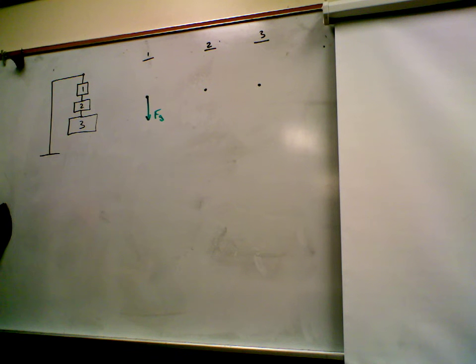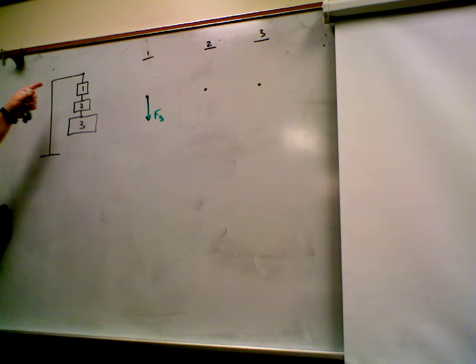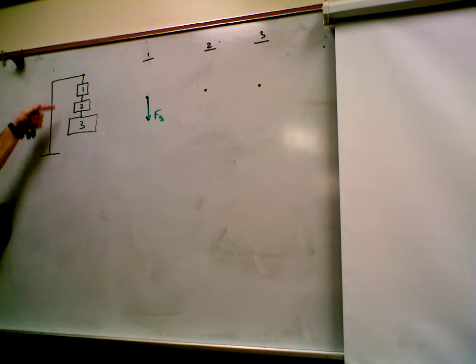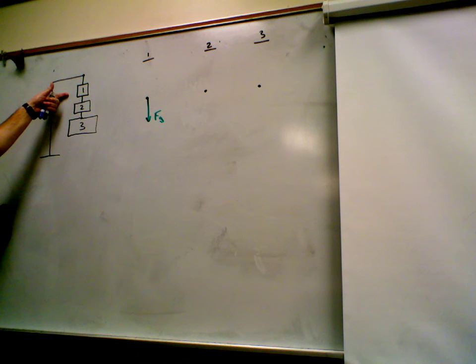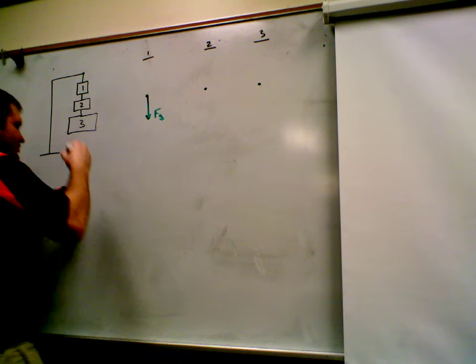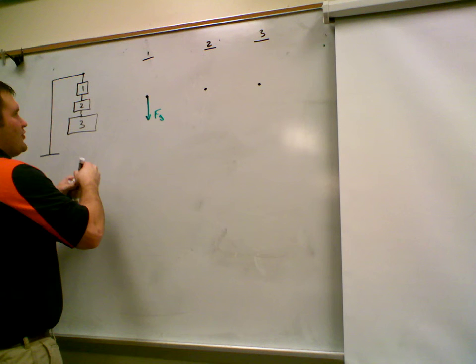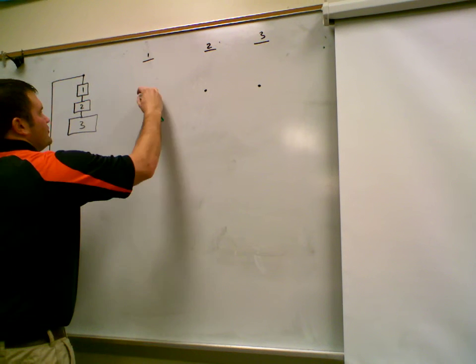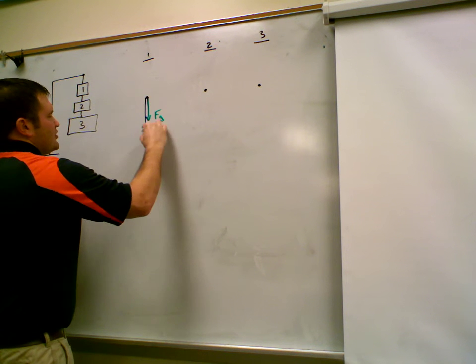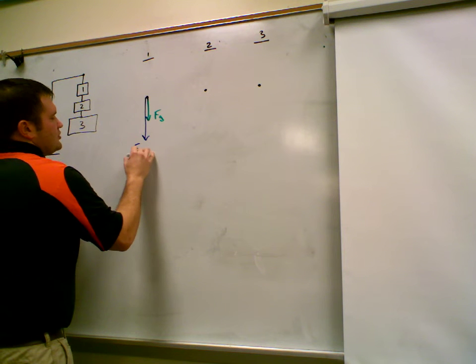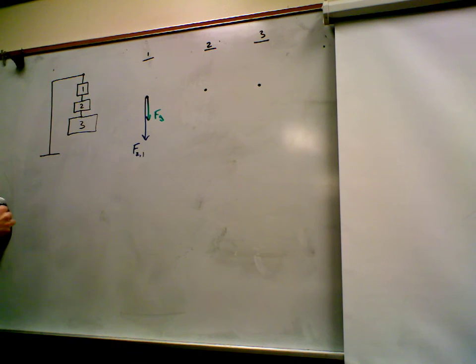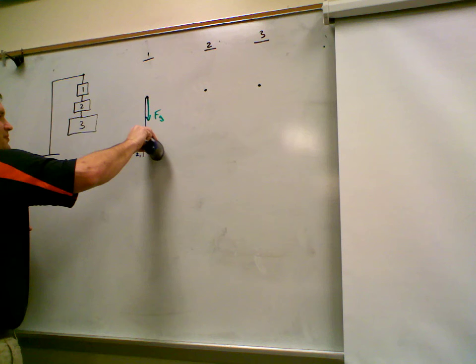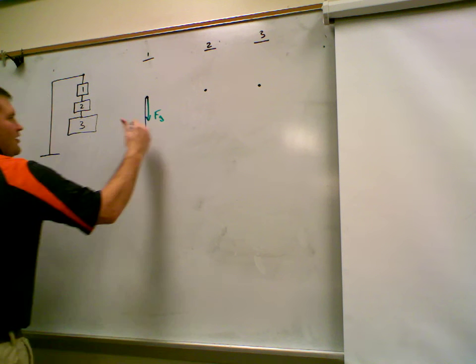Not 2 and 3 though. 3 does not apply a force to 1. 2 applies a force to 1, right? So this is the force of 2 on 1. I appreciate the effort though, Kim. I'll make that one just a little bit longer.